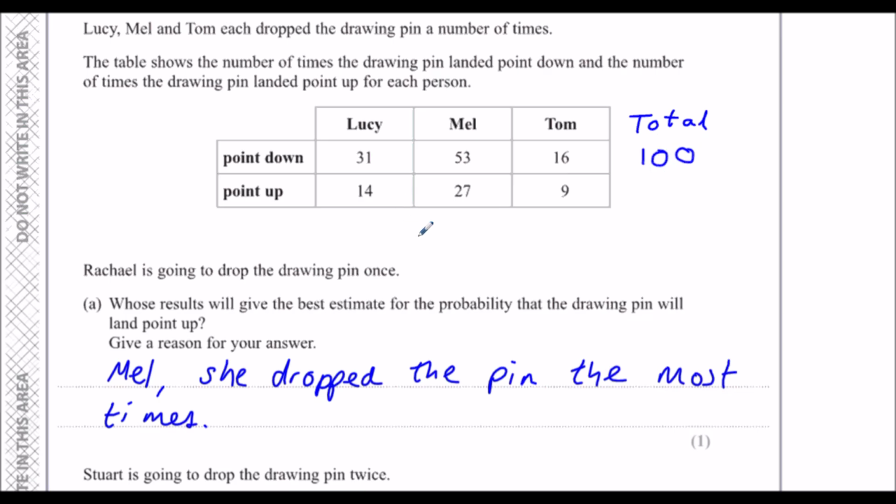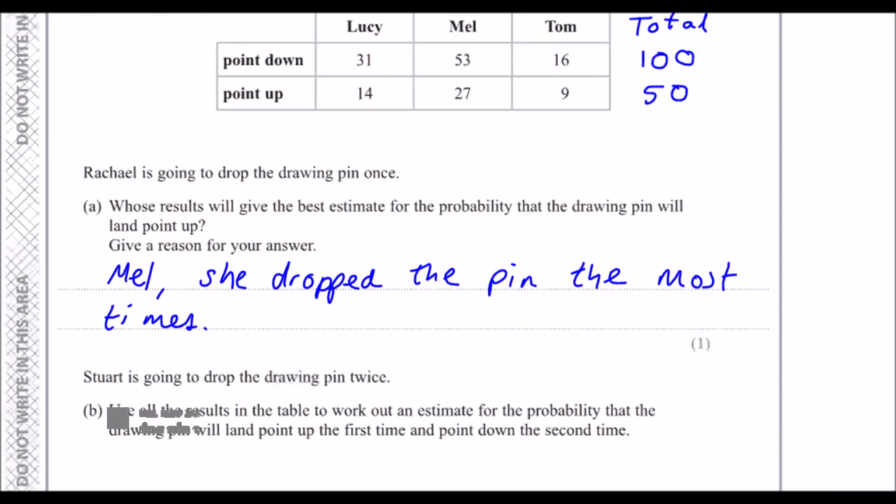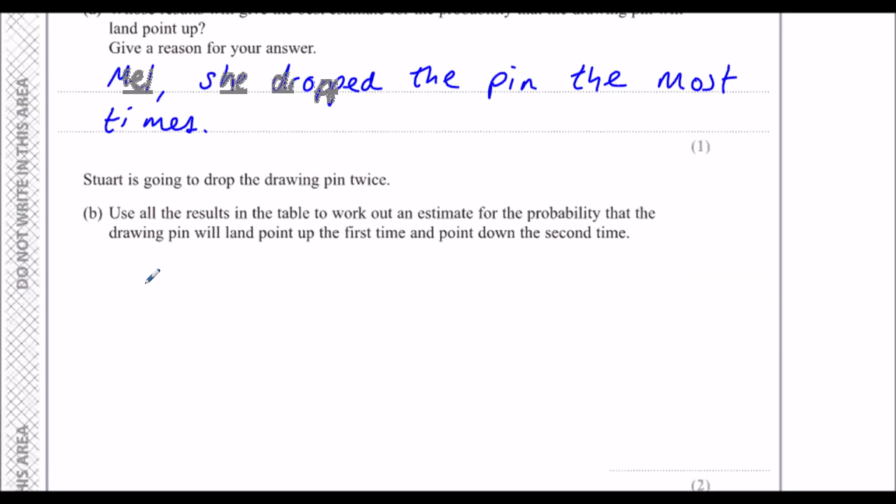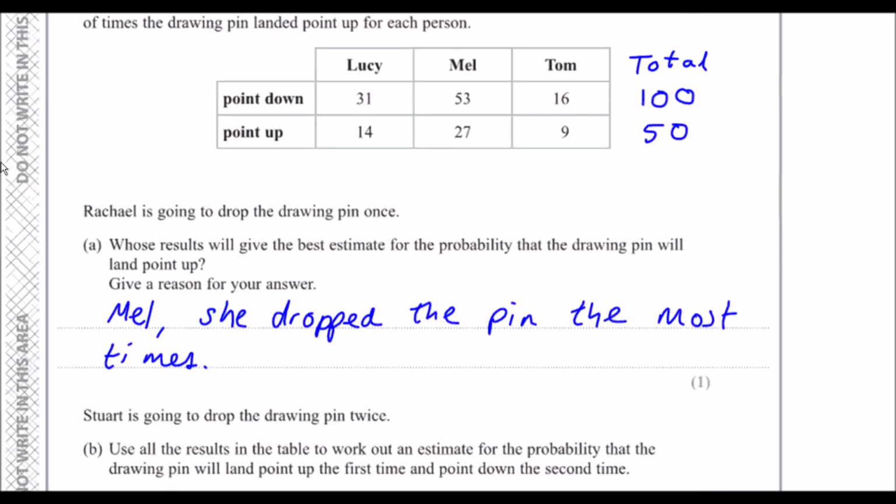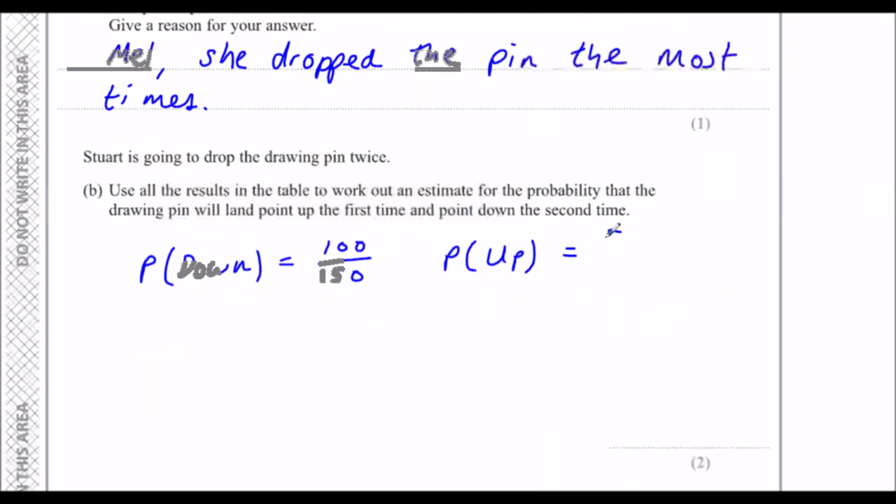And 14 plus 27 plus 9 is 50. So the probability of down is 100 out of 150, and the probability of it being up is 50 out of 150. We can simplify these to 2/3 and 1/3.